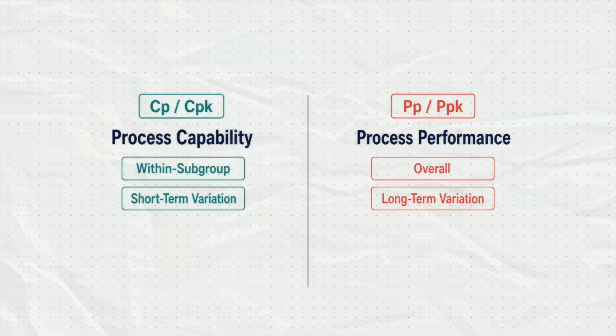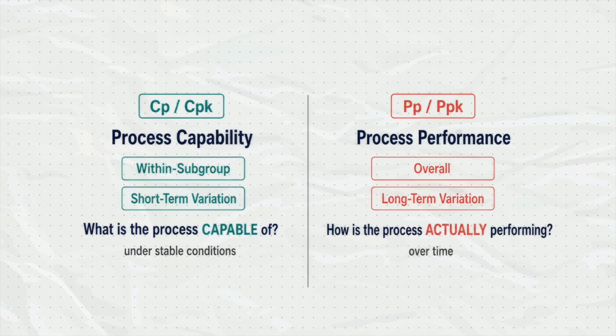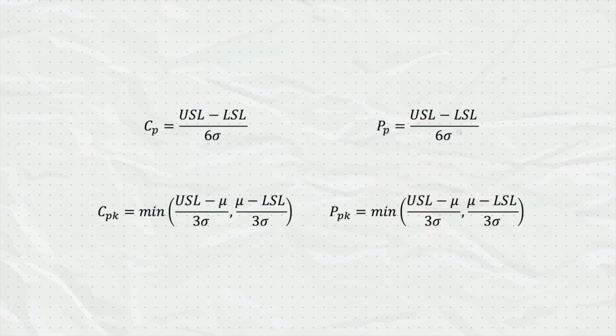I know this still feels a bit abstract, so here's a simpler way to think about it. Cp and Cpk ask, what is the process capable of when operating under stable conditions? Pp and Ppk ask, how is the process actually performing over time? That may already sound clearer, but don't worry, everything will make sense as we go through.